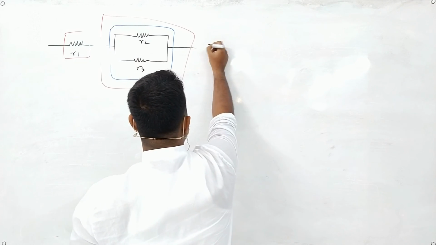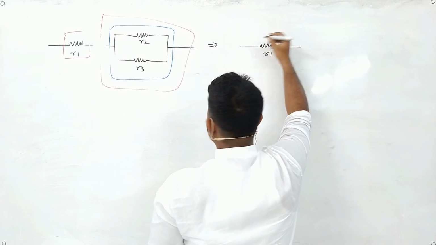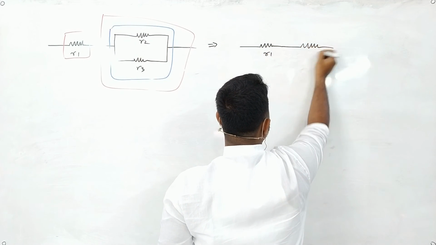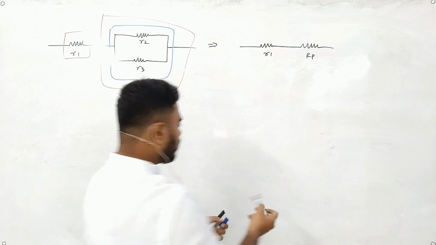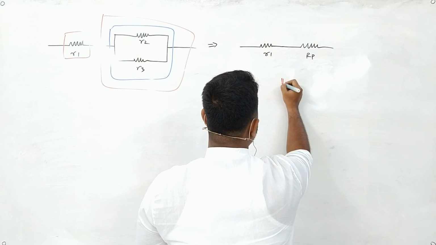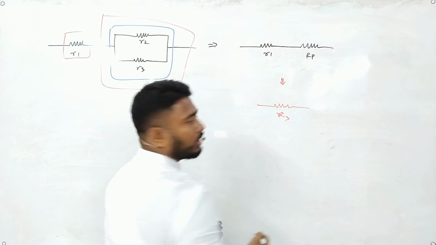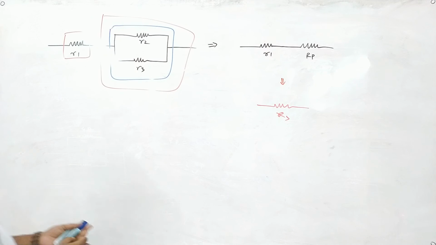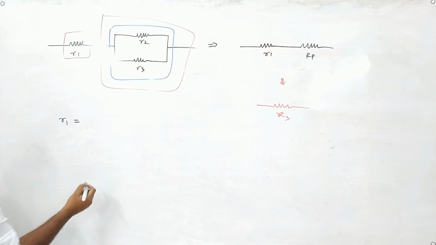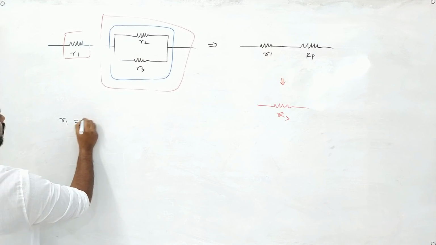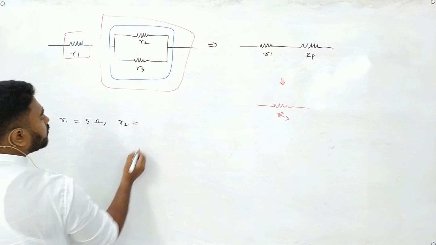So can I convert it as this one is R1, and if I do it, that will be R parallel. Can I do that? Now if we do this one, can I write from here, that will be taken together as RS.